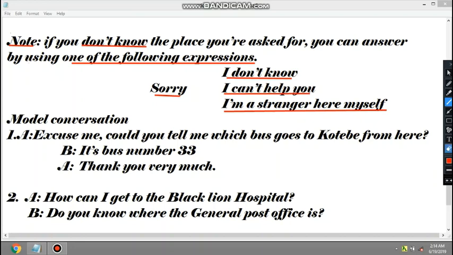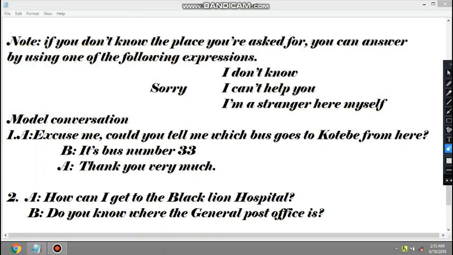That's the best way instead of giving wrong information. People may get lost, so it's not appropriate in general. So let's give such answers.